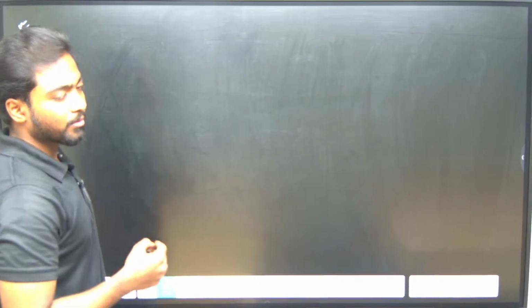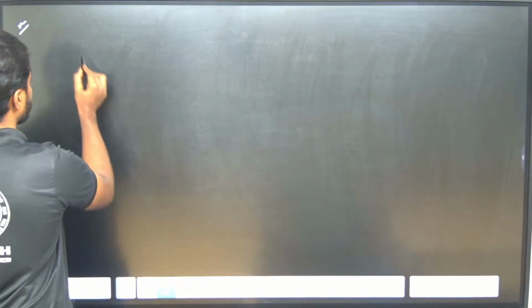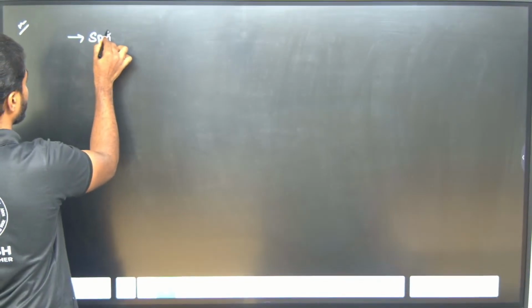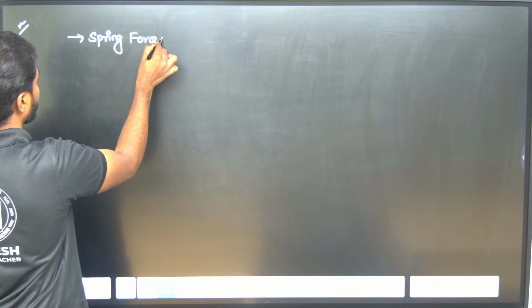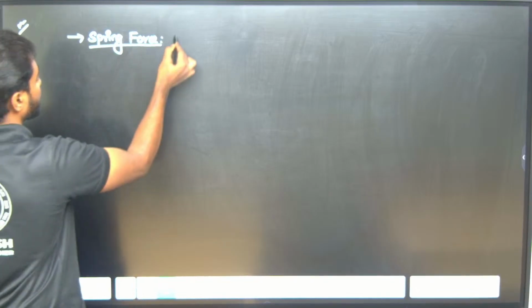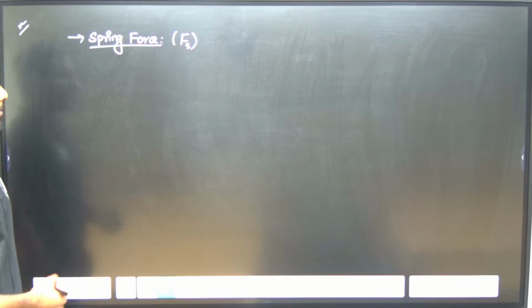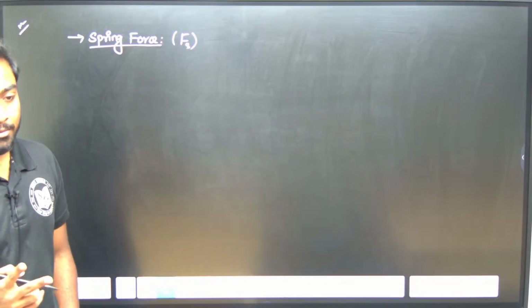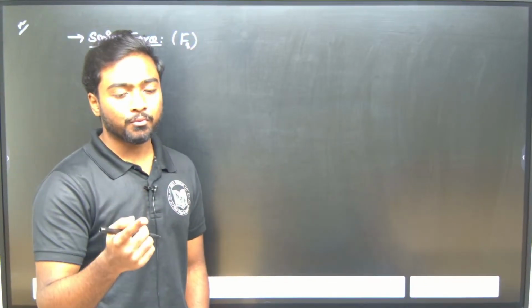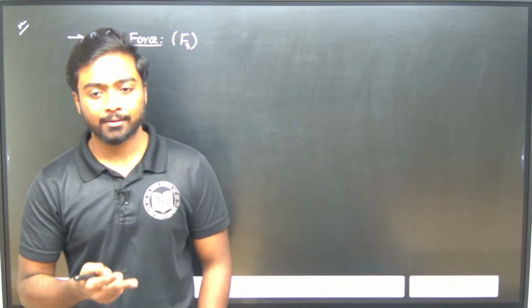So we were discussing the topic spring force in the last class. Spring force is denoted by the letter F, Fs. Two things we discussed: one is the spring force formula, and the second is whether it acts in a series condition or a parallel condition.